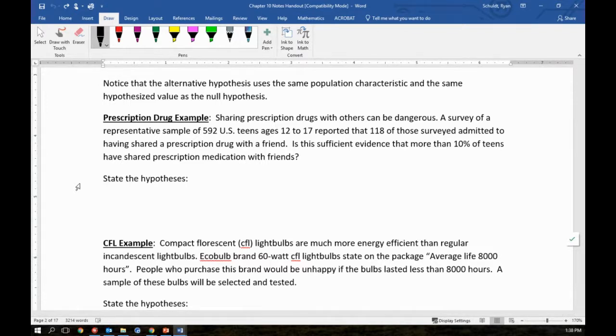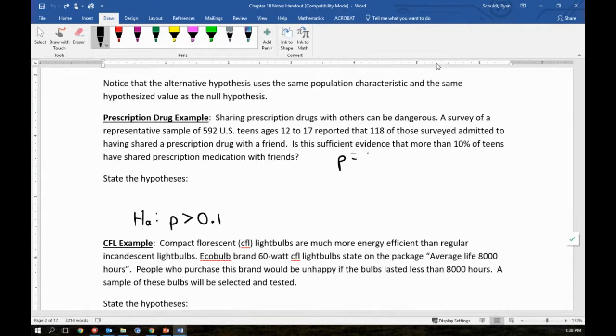Okay, so let's see. What did we say? Well, for our alternative, yes, we did say p, but we didn't say equals. We said greater than 0.1.